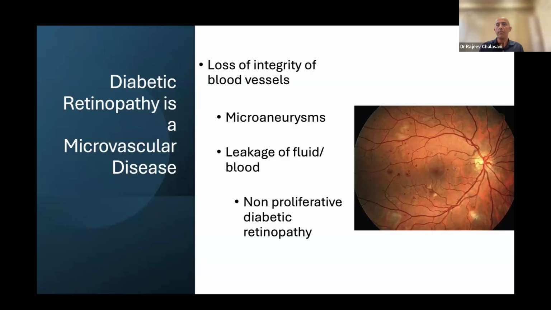So we have both blood and fluid that spill out into the retinal tissue. And so we see this as retinal hemorrhages, as well as fluid in various parts of the retina. And these are all changes that we call non-proliferative diabetic retinopathy.